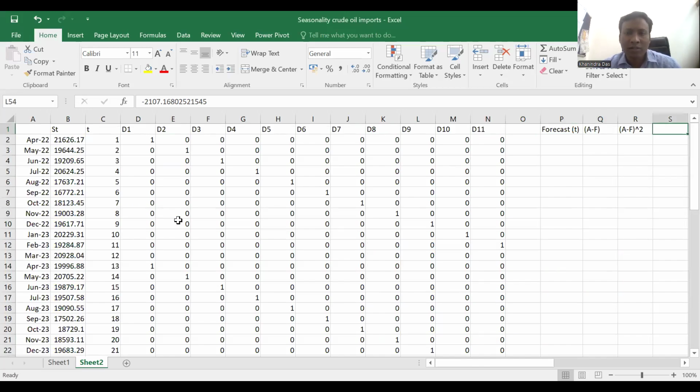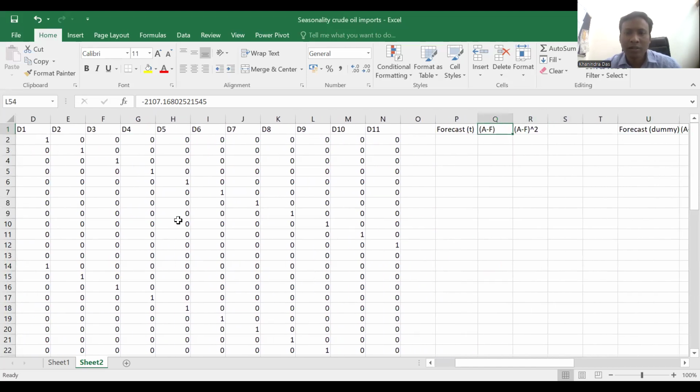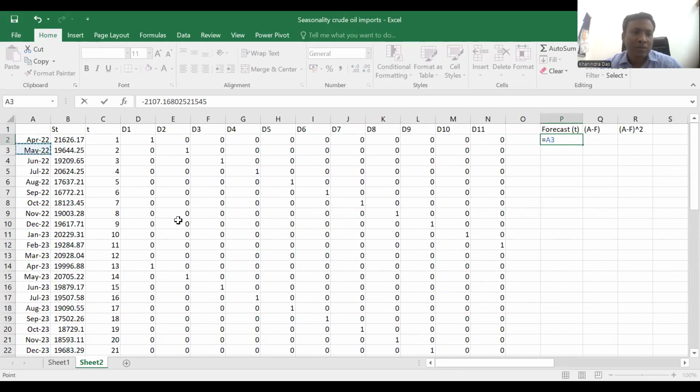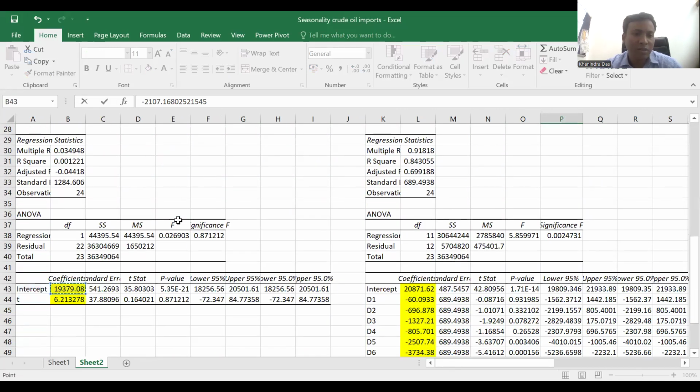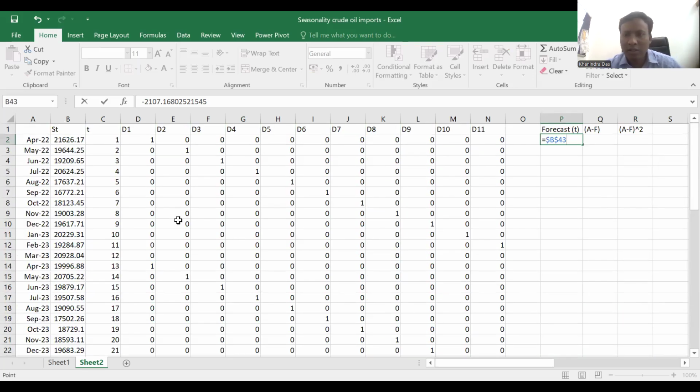So let's do forecasting with the trend projection method. So what is the forecast? We can do forecast in sample first. So forecast is nothing but what intercept I had with trend. This is the thing. And this does not change for any of the months. So therefore, we are going to freeze it.